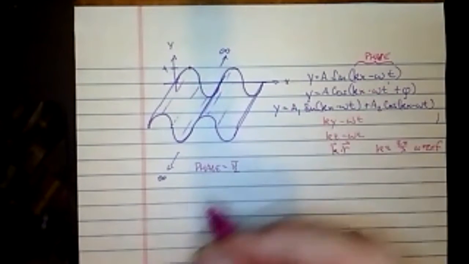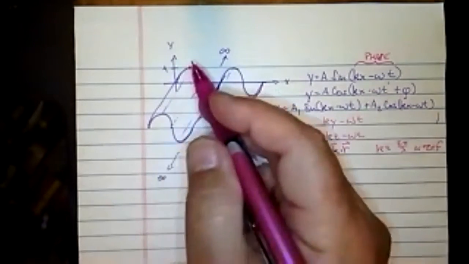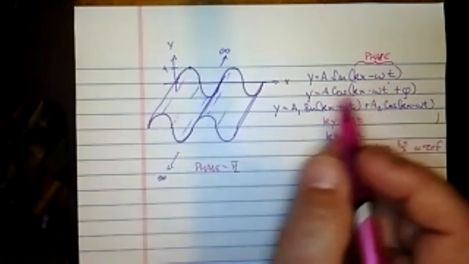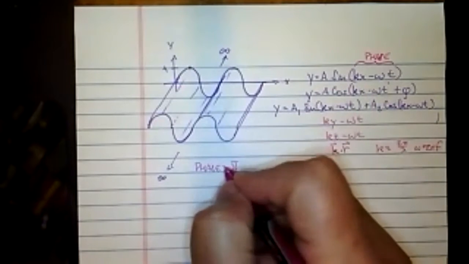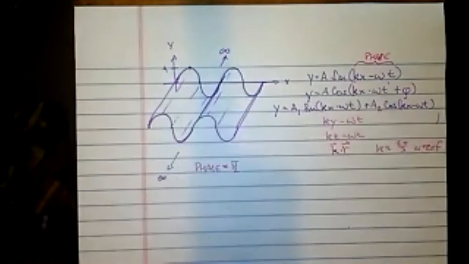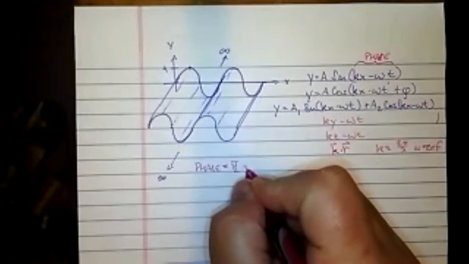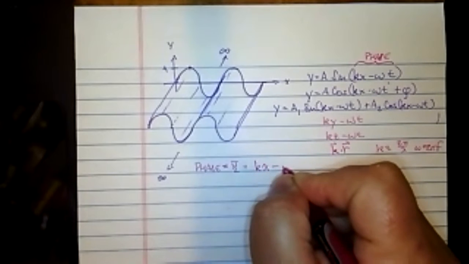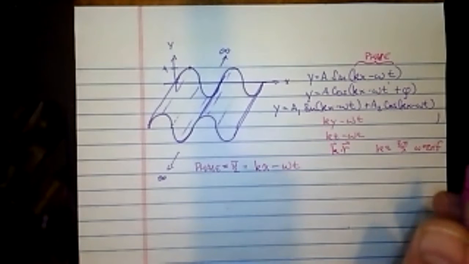So the main thing is if I set that equal to a constant, then I'm talking about one particular output for the trig function sine of kx minus omega t. So when I set that, I know it points to a certain spot, which I've indicated there on the wave. Well, that's also equal to k times x minus omega t.